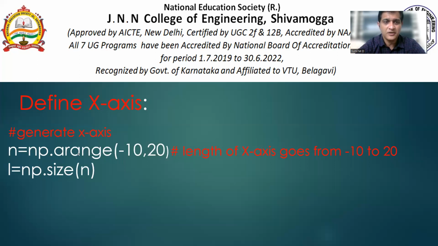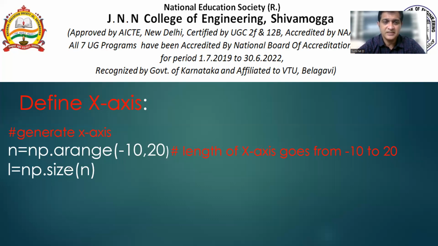So that size of n is being assigned to a variable L, that is the length of the axis. It goes from minus 10 to 20. How many points are there from minus 10 to 20 is actually calculated by this np.size.